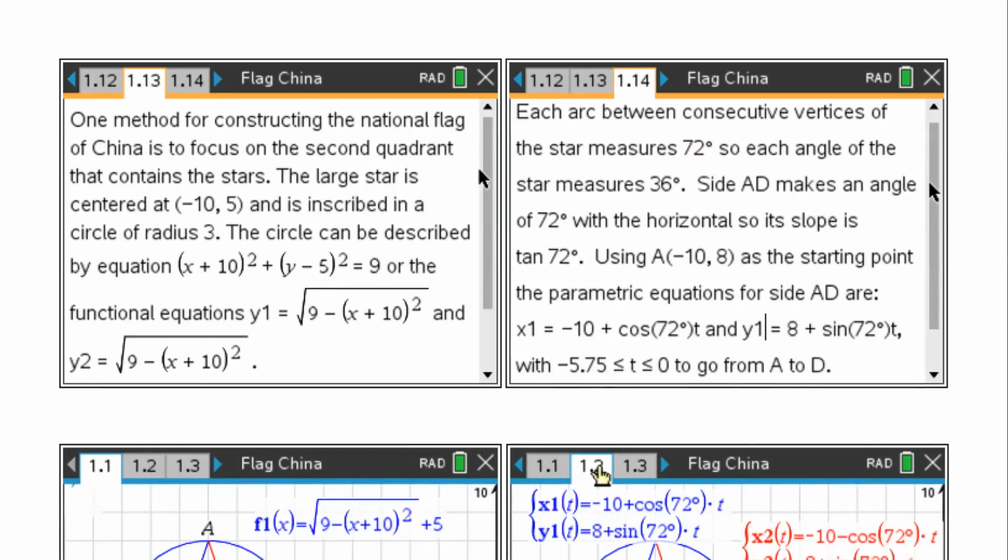I've got this set up so x goes from -15 to 0 and y goes from 0 to 10. There's a 3:2 ratio here, which was fairly common. The large star, according to the rules, in this coordinate system would have to be centered at (-10, 5), so 5 units in from each side, and has a radius of 3.